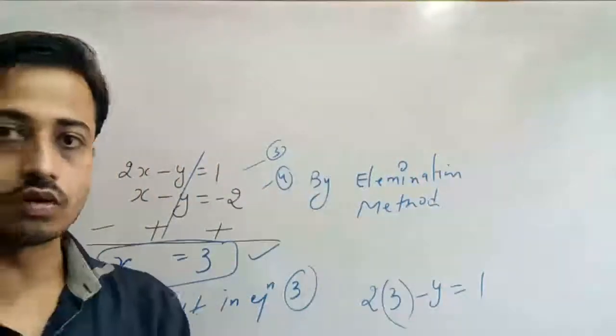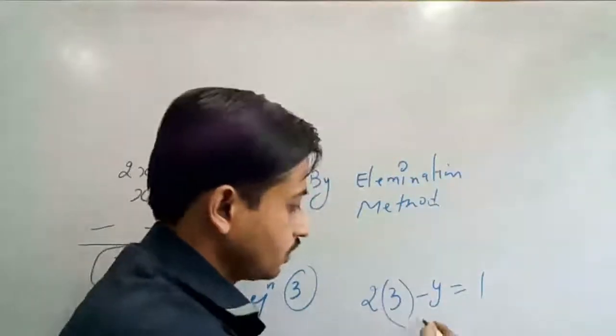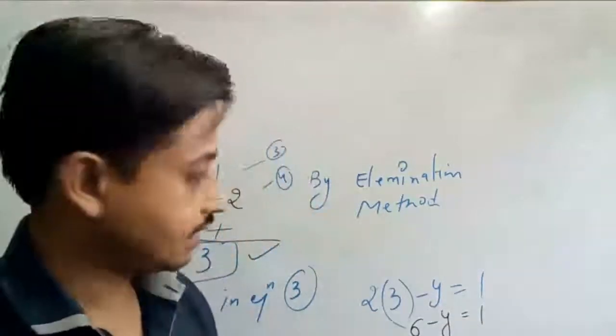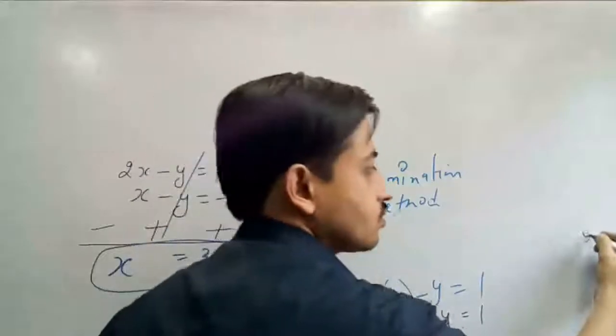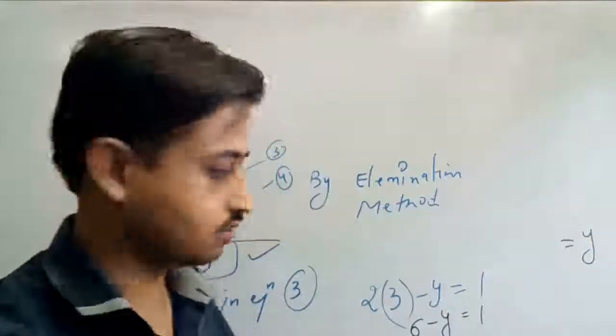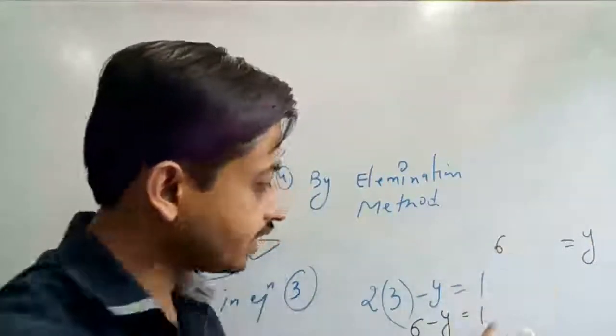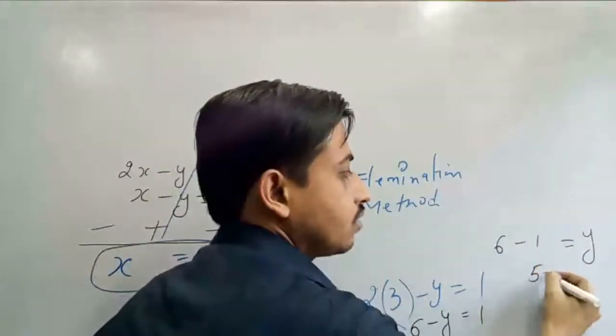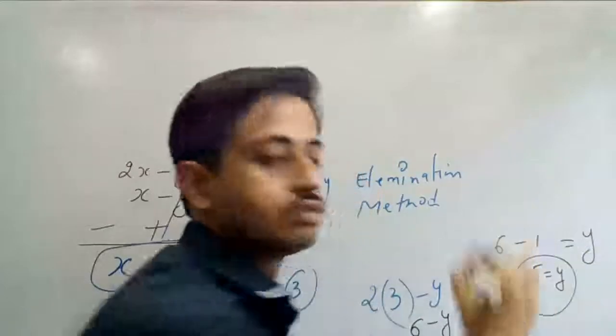Now it's very easy to solve. 2 into 3, 6, minus y is equal to 1. Take negative y on the right hand side. It becomes positive y. Here 6, and take 1 on the left hand side. It becomes negative. So we get y is equal to 5.